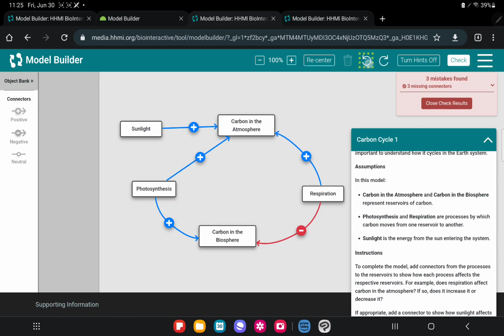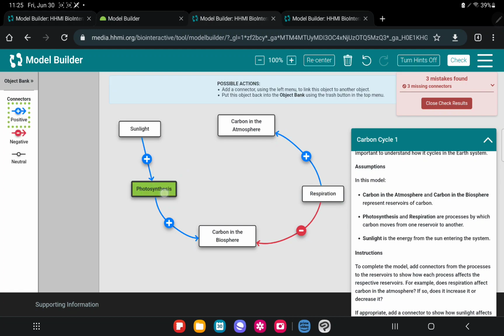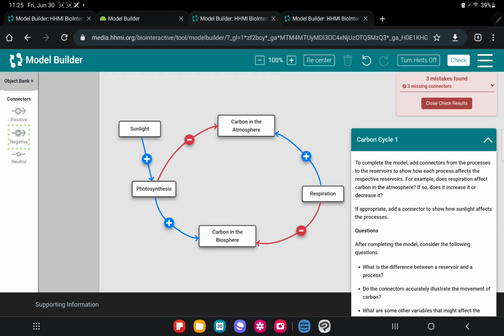Then, once the model is made correctly, we can also ask questions about the model and how to interpret the effects of the model. So for example, I could ask, do the connectors accurately illustrate the movements of carbon?